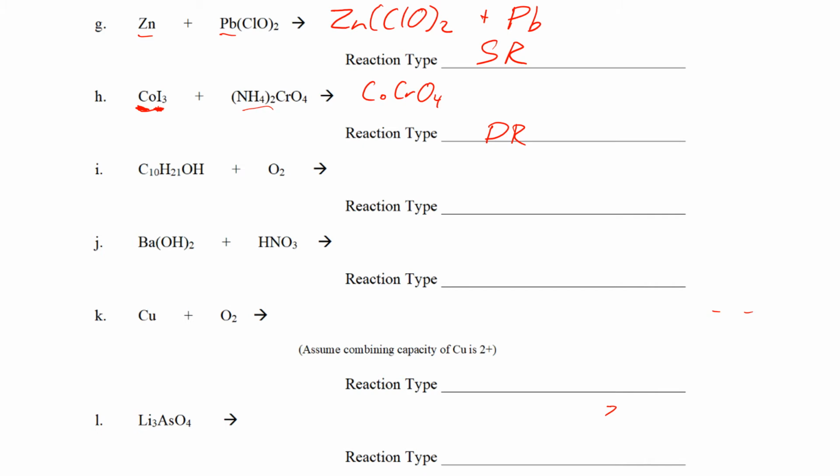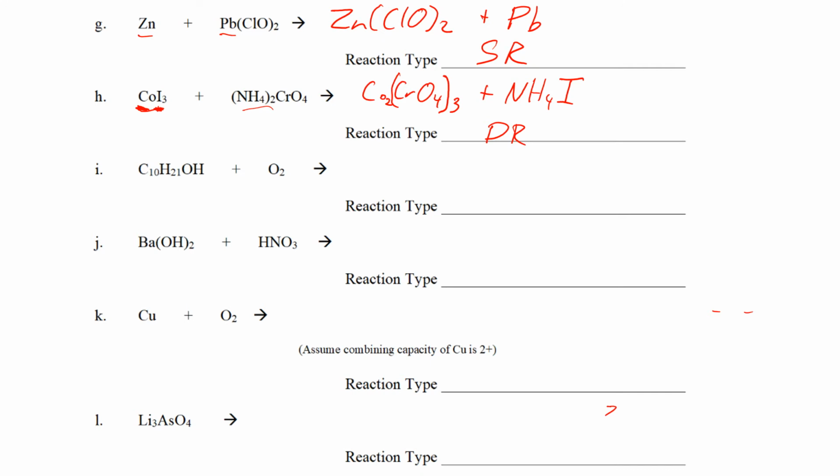Now chromate, CrO4, is 2 minus, and cobalt, we just said, is 3 plus. So when we swap and drop, it's going to be Co2(CrO4)3. Now plus ammonium, NH4. Ammonium is 1 plus, and iodine is 1 minus, so it's going to be NH4I. Okay, swap and drop NH4 plus, I minus. There's going to be no subscripts on that one.